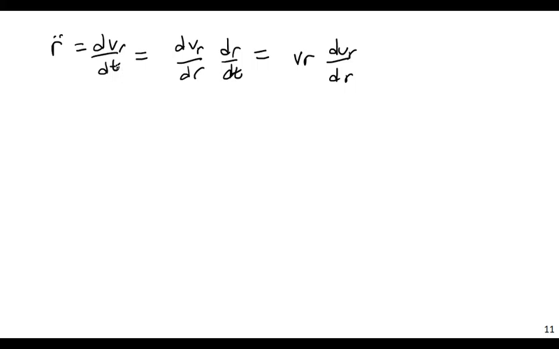How do you get the original portion of that? It says that vr equals r dot. Where did that come from? It says since vr equals r dot, you have that equation.